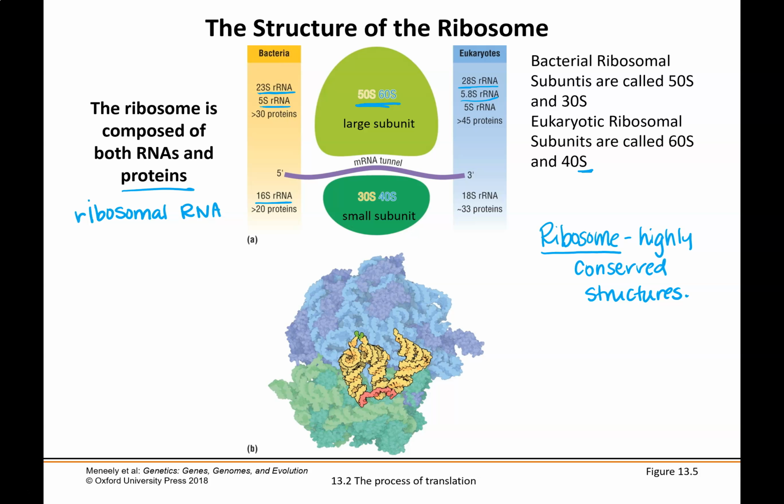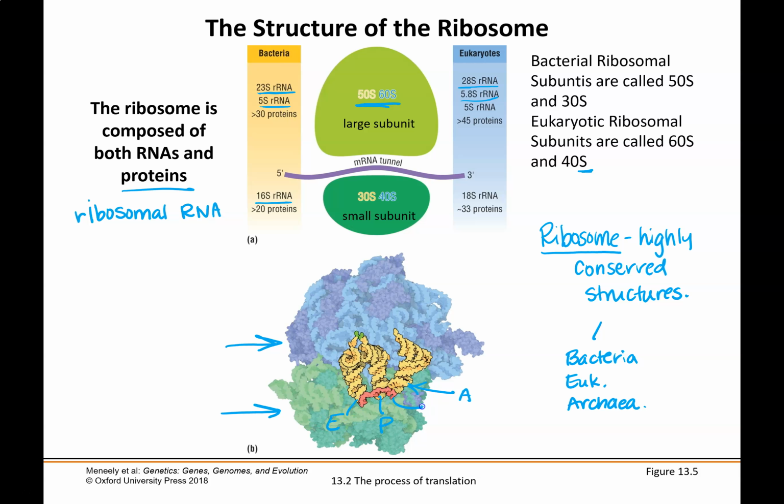The major differences come between the big domains, between bacteria, eukaryotes, and archaea. But even those are still pretty similar to one another. So down here, this computer image on the bottom, we've got the large subunit, the small subunit, and then we've got our pockets, the A, the P, and the E sites.